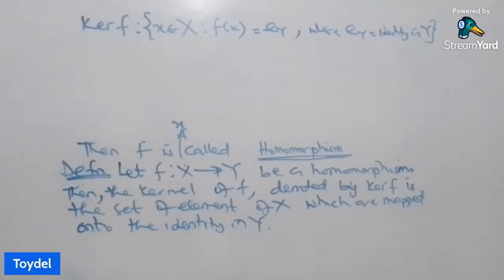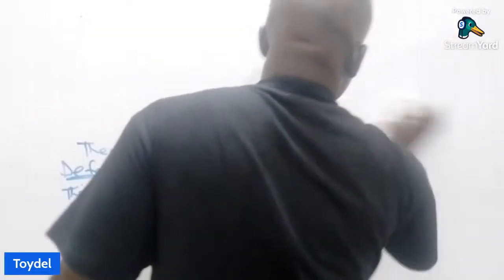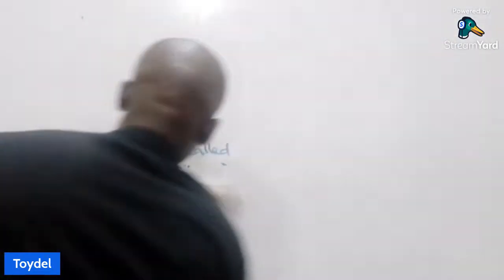So let's take an example on homomorphism before we go ahead and talk about types of homomorphism.